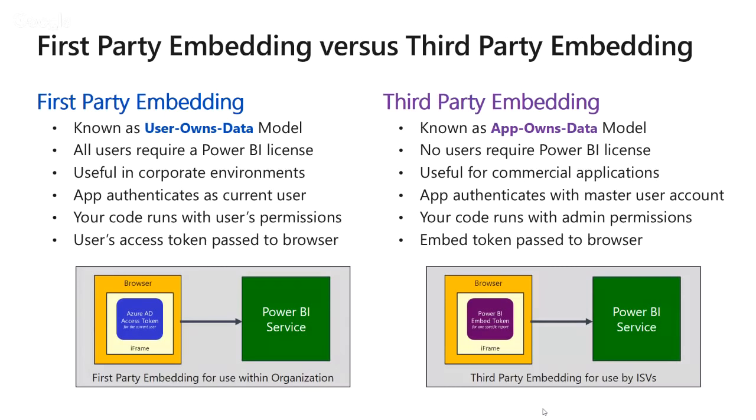Then you make a second call into the Power BI service to get the embed token. The embed token is much better for security because it is only good for one report or one particular dashboard. Plus, when you create an embed token, you can make it read only or read write. So knowing which one you're going to create is going to be important.